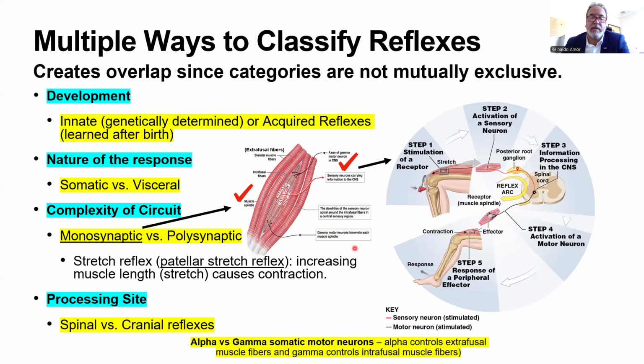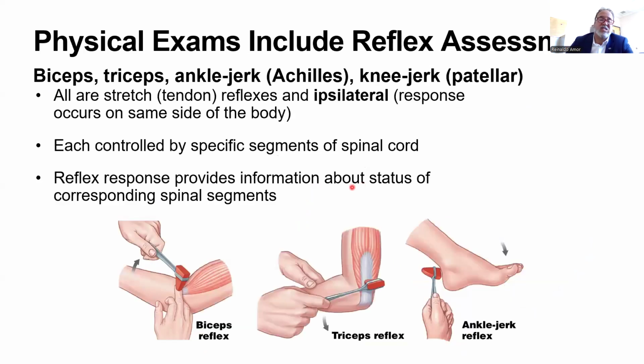Okay, so let's continue. Here are some other stretch reflexes. Okay, so we have the biceps stretch reflex. We have the triceps stretch reflex. We have the ankle jerk reflex as well. Okay, so if we strike the tendon of the biceps brachii, we will flex the arm.